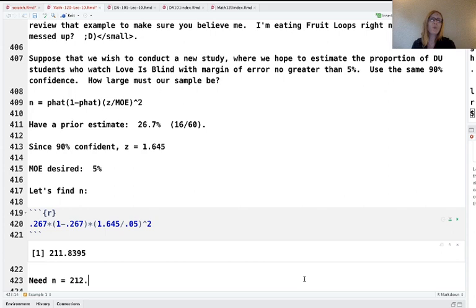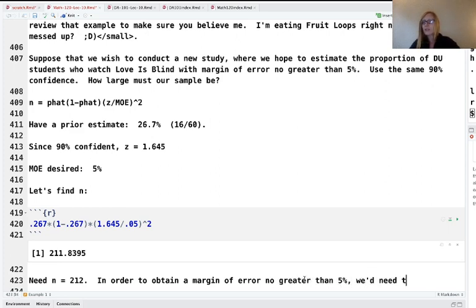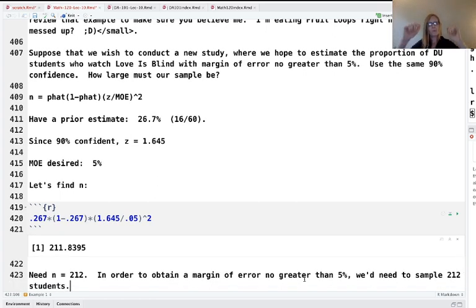The next biggest thing, we're trying to make our margin of error smaller, so we need n to be bigger. And that's that. In order to obtain a margin of error no greater than 5%, we need to sample 212 students. The end.